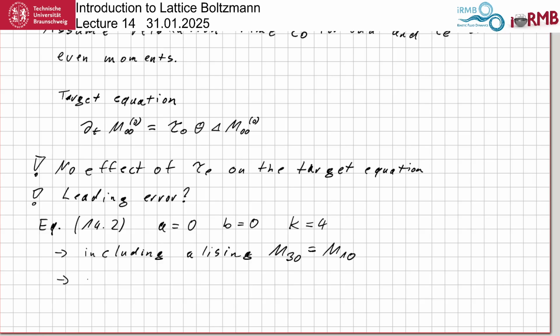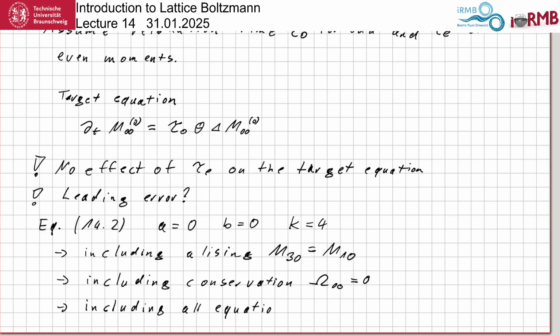We have to include conservation. Okay, this is trivial, of course. Conservation. And we also have to include all the equations that we have already derived at lower order. Or specifically at leading order.